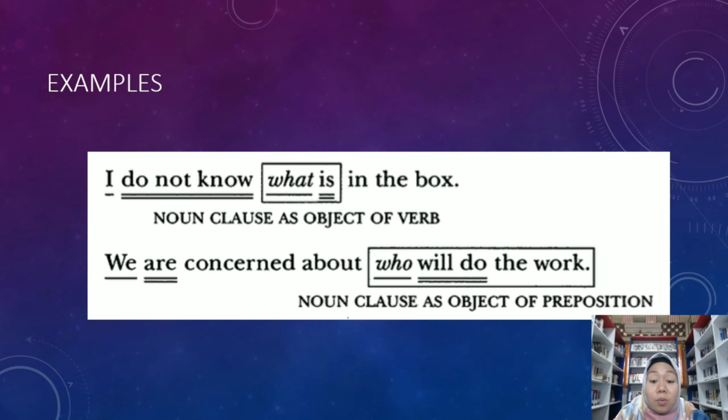So we don't need another subject here because who is the subject also. So we are concerned about someone, and someone will do the work. We are concerned about someone who will do the work. So the connector here is also the subject of the clause, who will do the work.